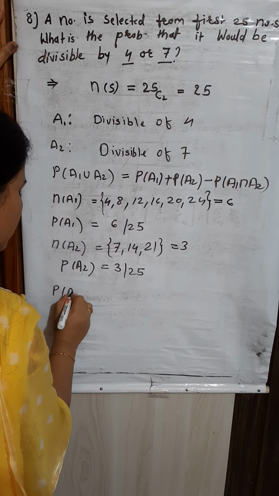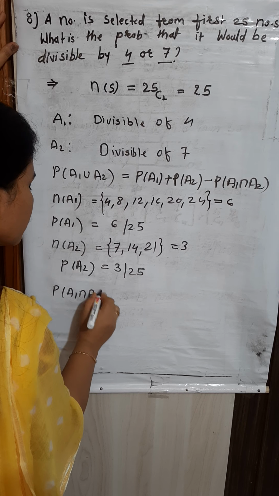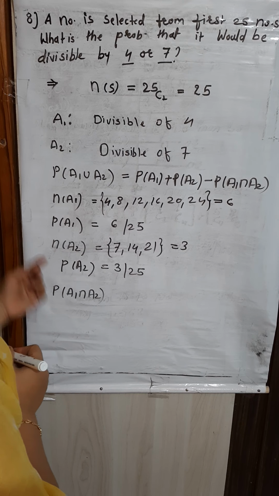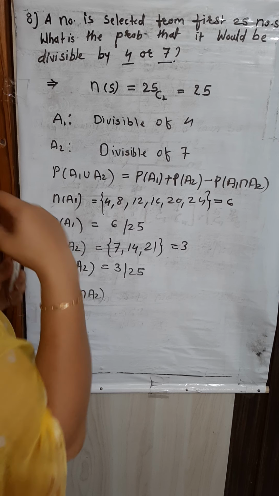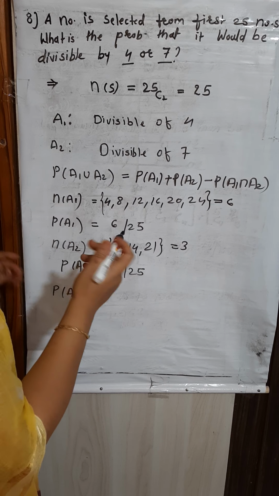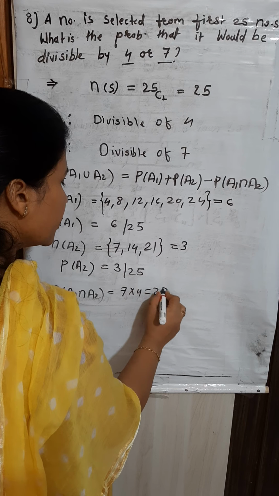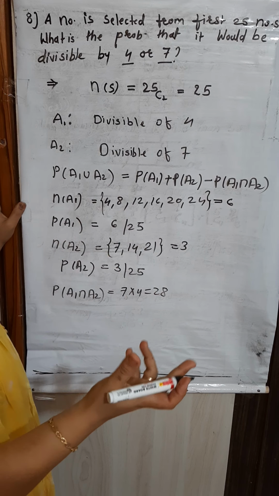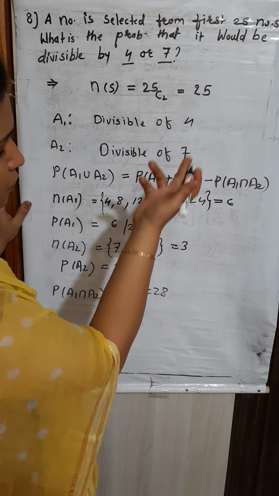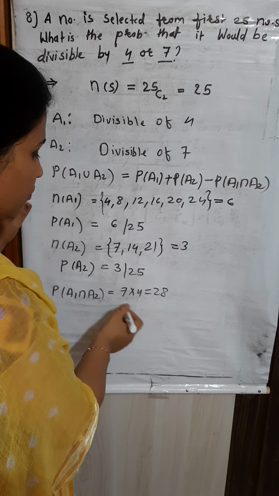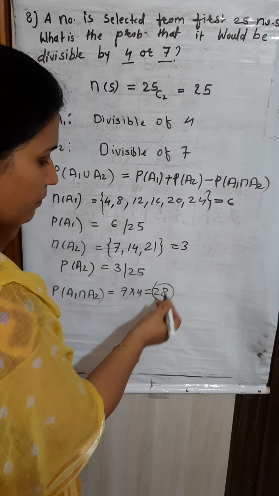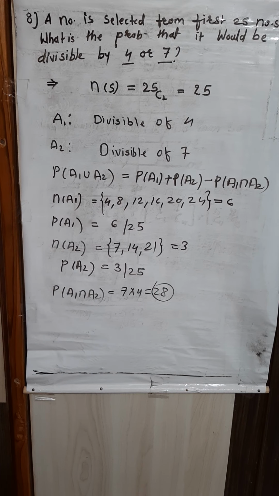Now the probability of A1 intersection A2. How will you get A1 intersection A2? Simply take the product, 7 into 4, which is 28, and we are talking about the first 25 natural numbers, and 28 is more than 25. So 28 will not be there in our group.